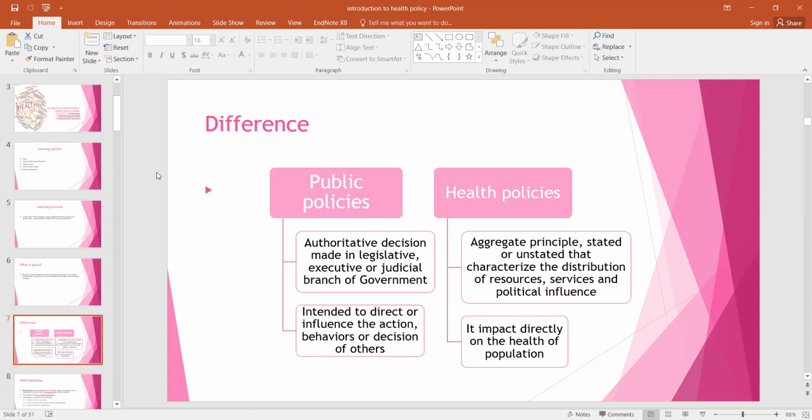Public policies are basically authoritative decisions made in the legislative, executive, or judicial branch of the government intended to direct or influence the action, behaviors, or decision of others. While health policies are aggregate principles, stated or unstated, that characterize the distribution of resources, services, and political influences which directly impact on the health of population.